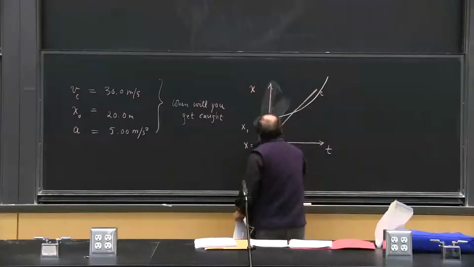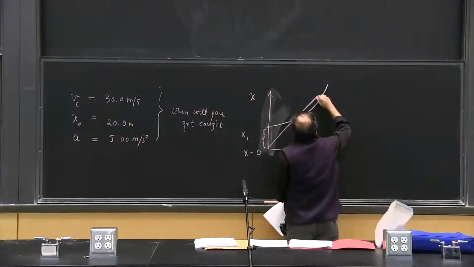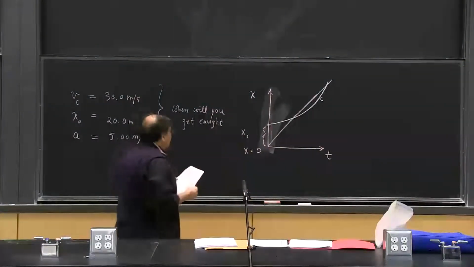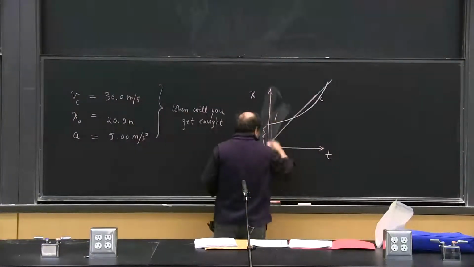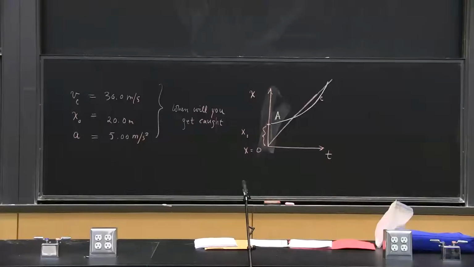Unless you can visualize a problem, rest assured that you will not be able to do it. So visualizing this problem before you even get going is very important. Let's call this line A. Any questions so far? Why is the curve a parabola? Because the cop is accelerating.